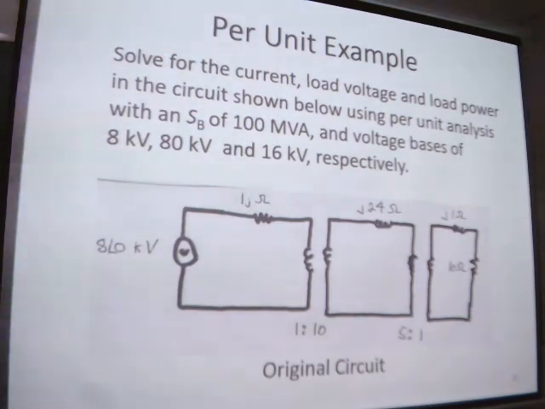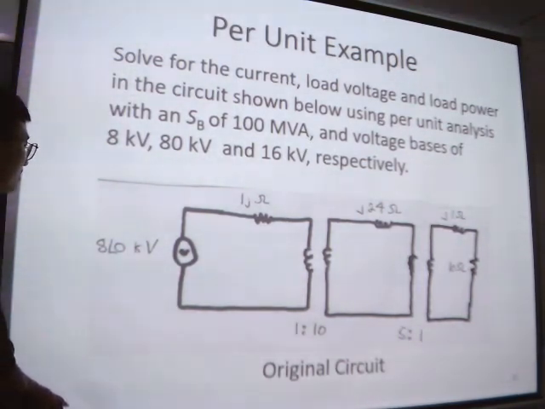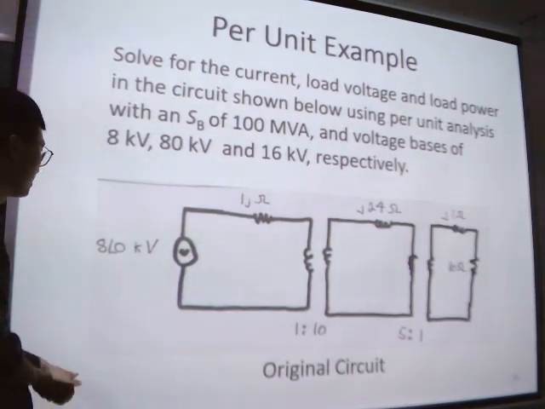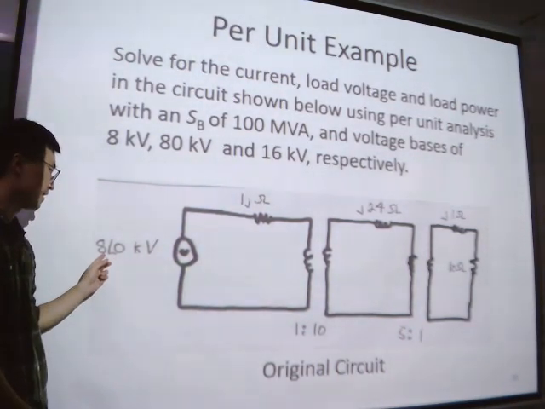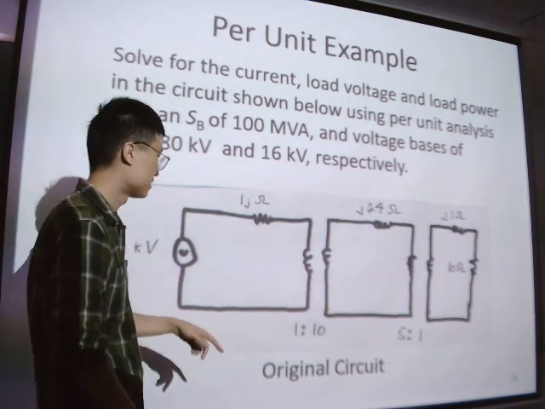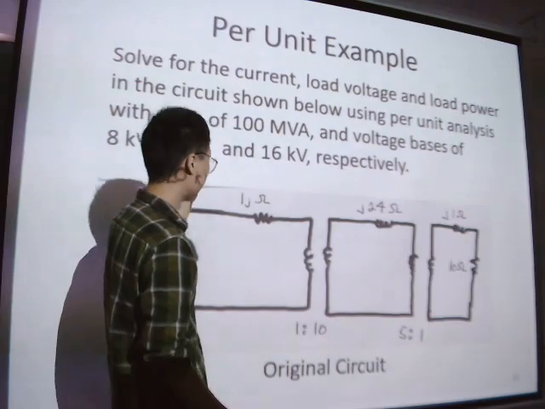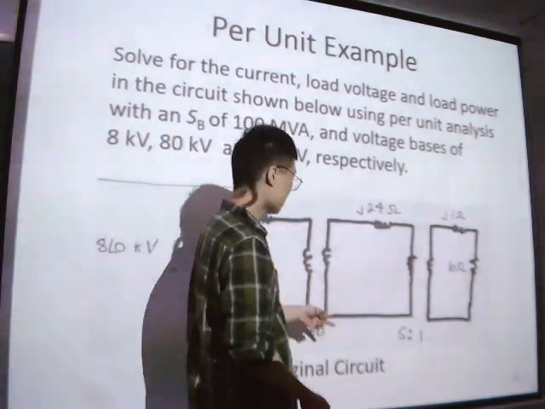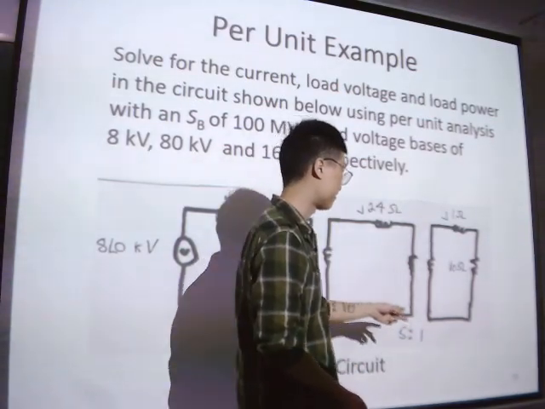Okay, so let's summarize these actual quantities. Here is the 0 degree kV. The ratios are 1 to 10 and 5 to 1.